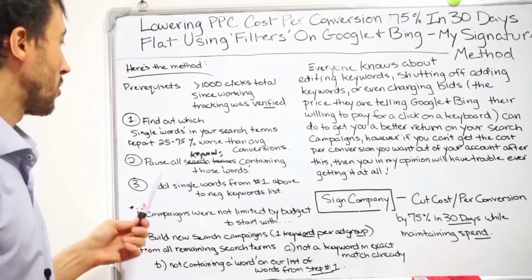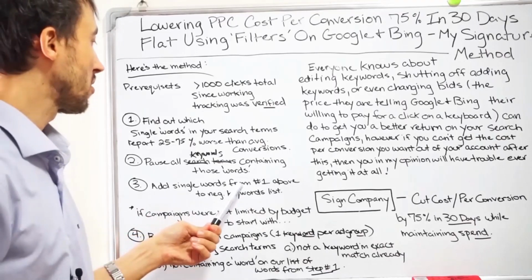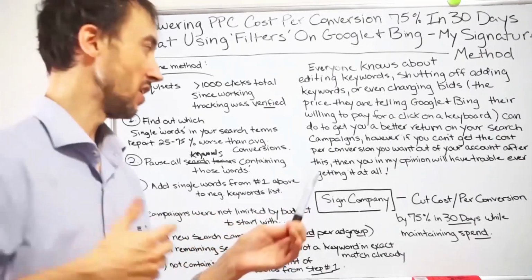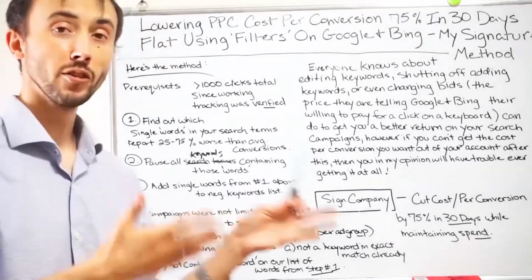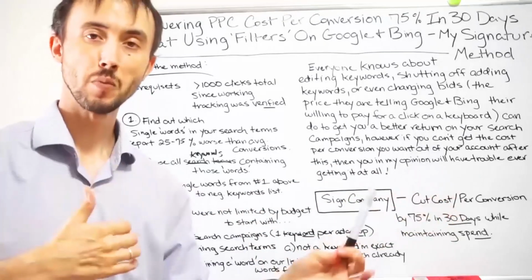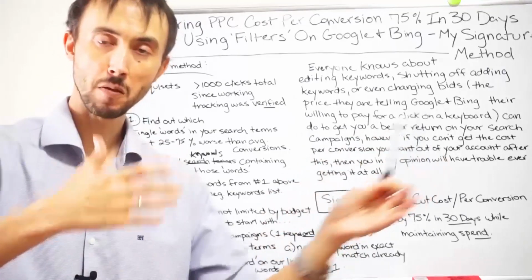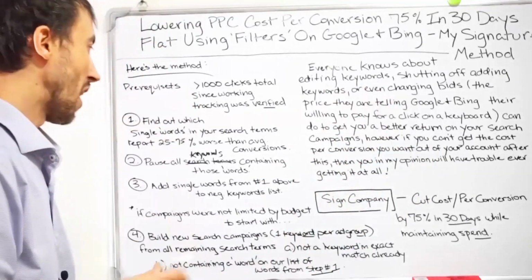Moving forward, number three, you're going to add single words that you found, like the cheap example that I gave you, that ultimately don't result in a cost per conversion that is profitable to where you could scale.